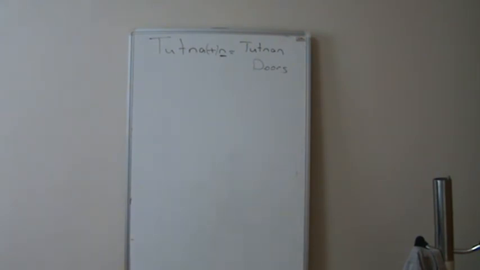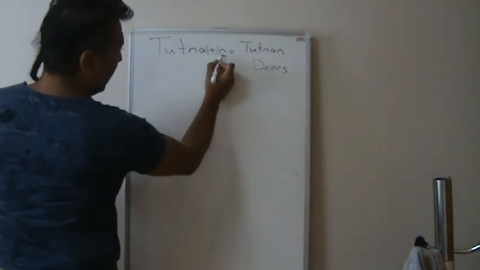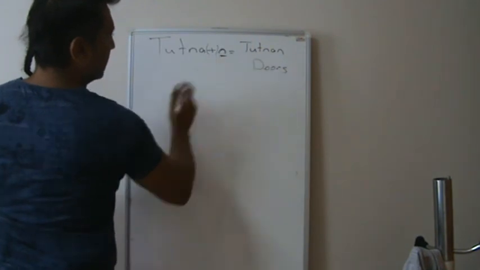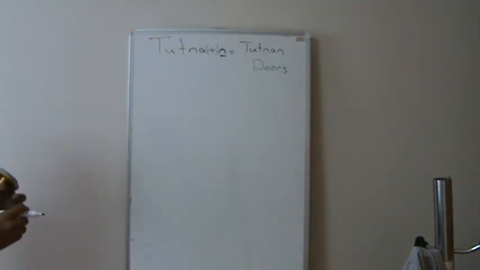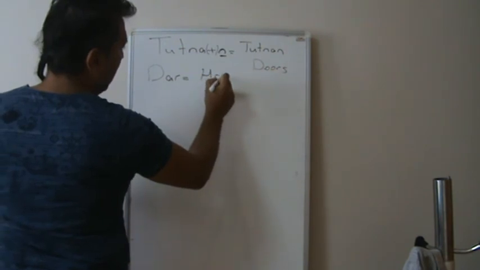There is another way to make singular nouns plural. For example, if the noun ends with a vowel, we add n. So tutna, tutnan. But if it ends with a consonant, then the suffix an should be inserted. For example, dar means house.